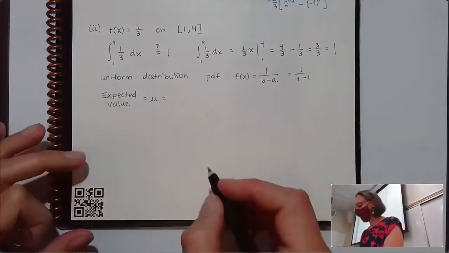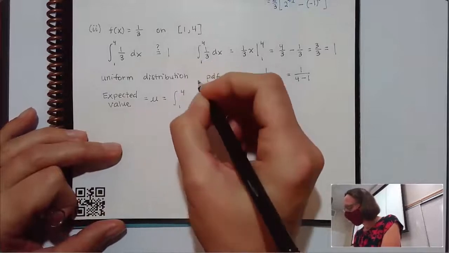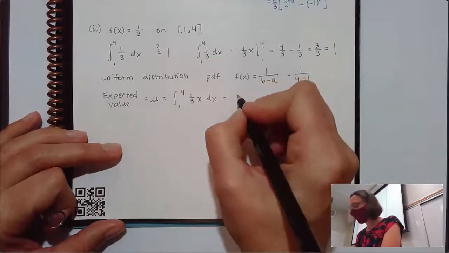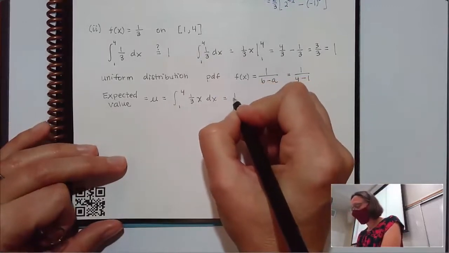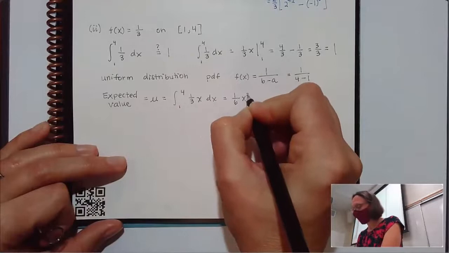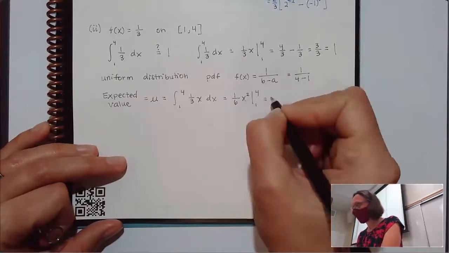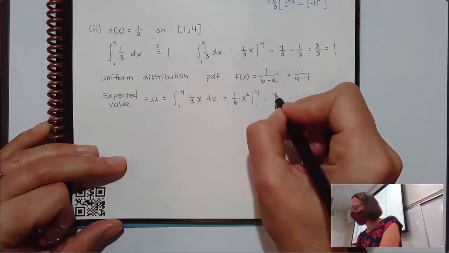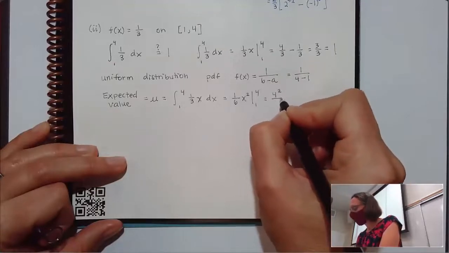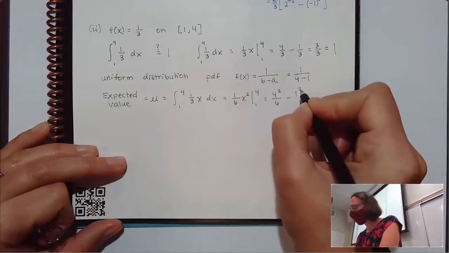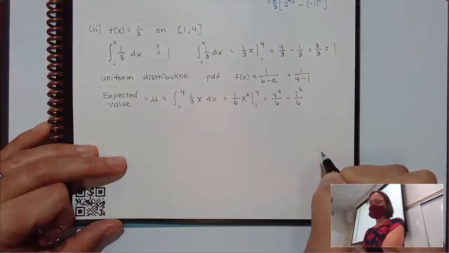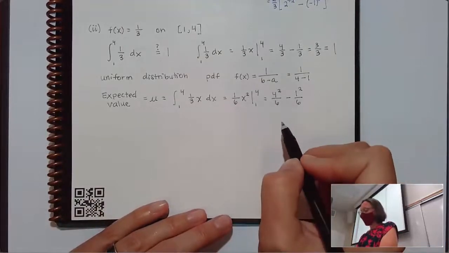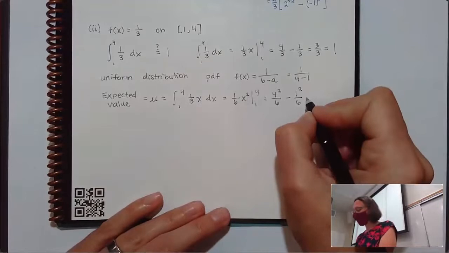This one especially. So if I integrate from 1 to 4, 1/3 x dx, I'm going to get 1/6 x squared from 1 to 4. So I would have 4 squared over 6 minus 1 squared over 6. 4 squared is 16. 16 minus 1.